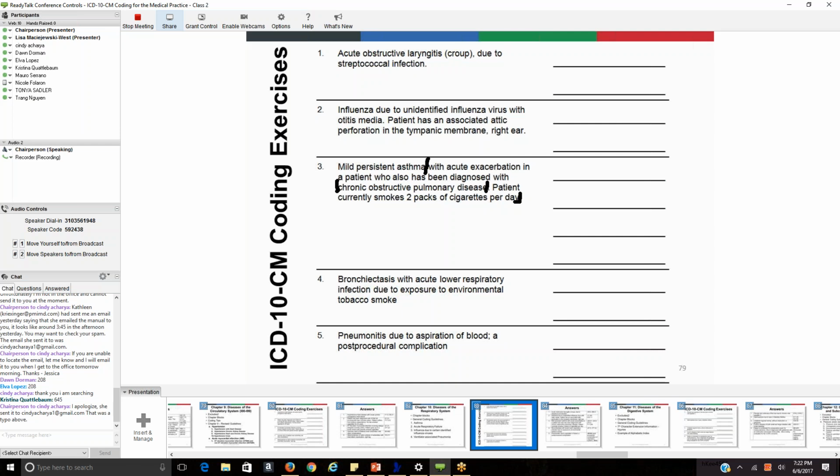And then the second code, let's take a look at that J45.31. And everything you're doing, guys, I'm doing with you.